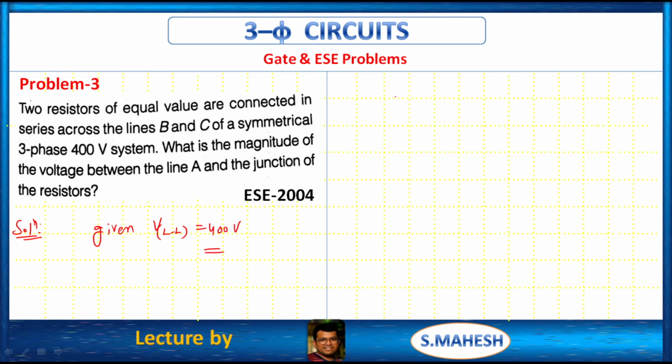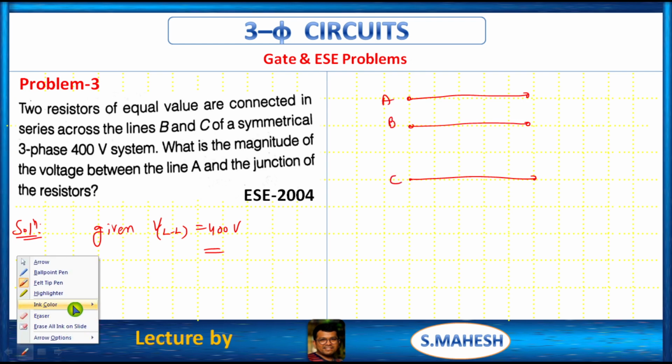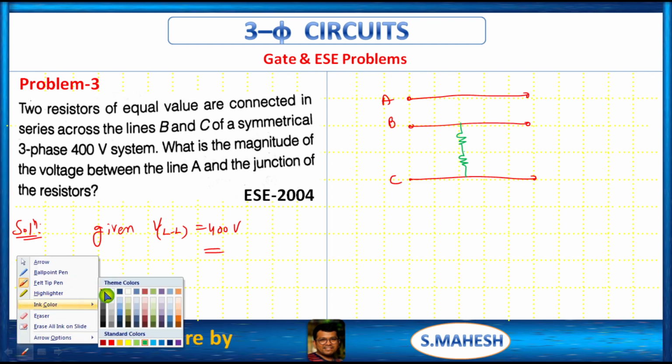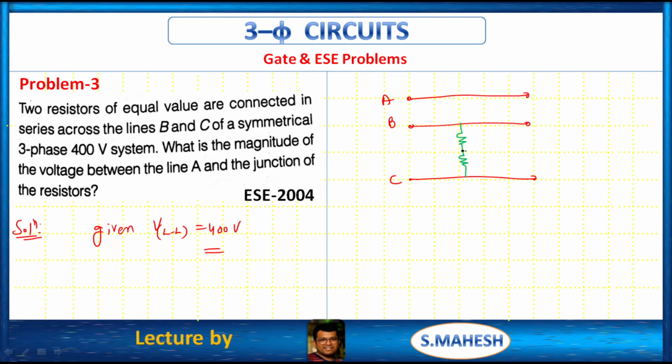That is, the connection is one phase, another phase. Let us say this is A phase, B phase, C phase. In between B and C we have the equal value of resistors connected in series, and the junction point of those two series connected resistors is nothing but, let us say, N, right? He gave that the line to line voltage is nothing but 400 volts.